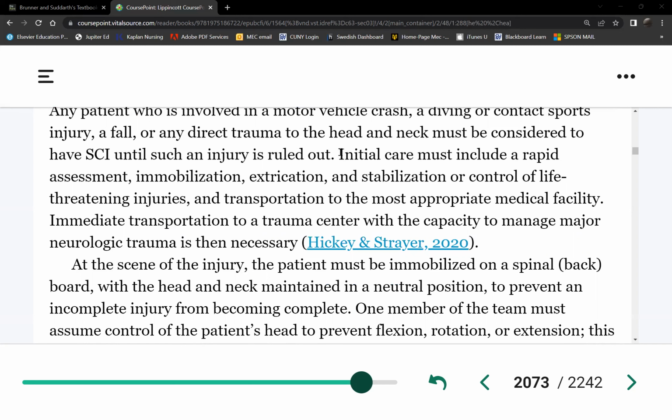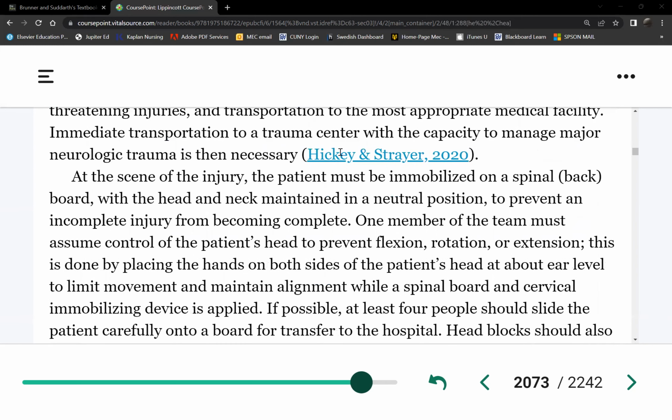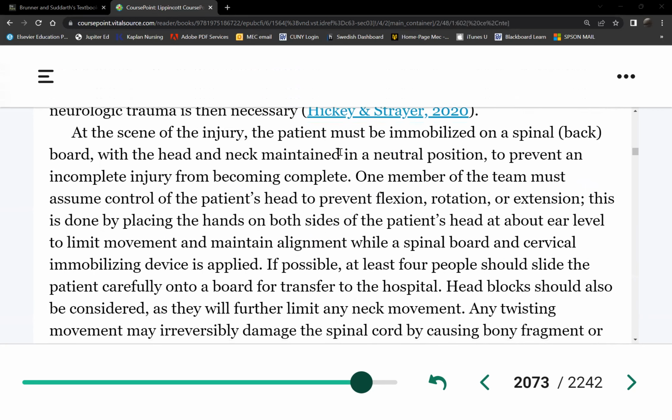Then once you take care of the important stuff, you immobilize the spine. We start with a rigid neck collar, which will prevent further displacement or injury to the spine.